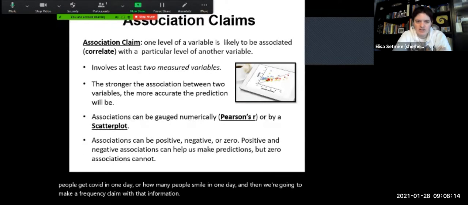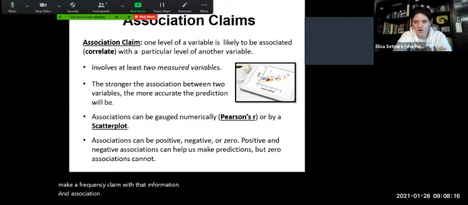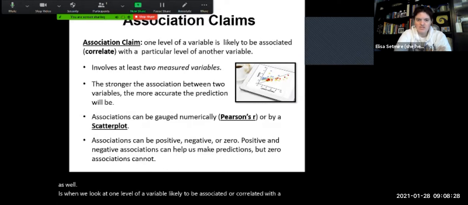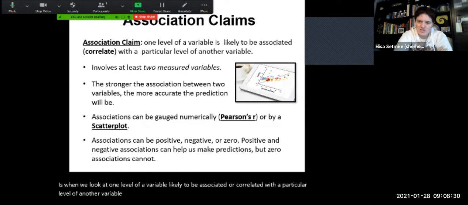An association claim, which we can sometimes call a correlation, which we'll talk more about later as well, is when we look at one level of a variable likely to be associated or correlated with a particular level of another variable. So here we have at least 2 measured variables. And we can talk about how intelligence is usually associated with GPA.